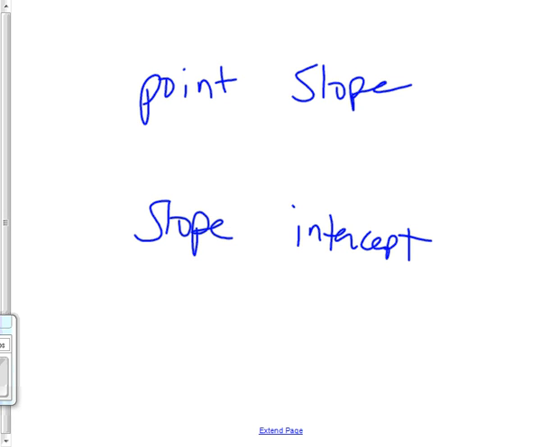Guess which equation I'm going to recommend you use? Slope-intercept, okay? And standard form, it isn't as snappy, it doesn't have the name built in, but standard form is really good for when you have x-intercepts and y-intercepts, okay?